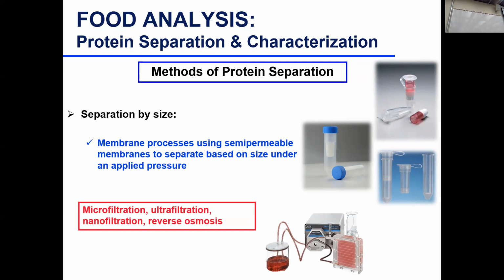So you can buy tubes with membranes that have different pore sizes. Very common is the cutoff of 3 kilodalton or 1 kilodalton, used to remove salt or small sugars or small molecules. By centrifugation, the small molecules will pass through, and your protein will be in the retentate, which is the upper part of that tube.